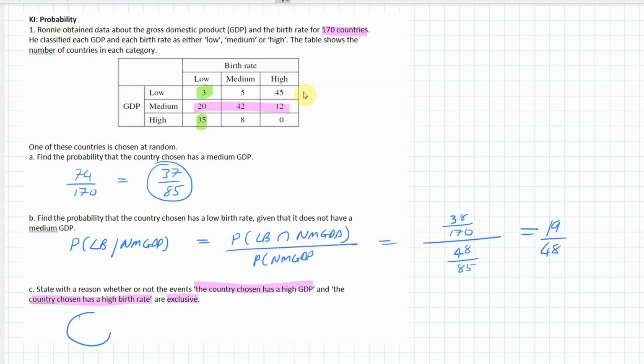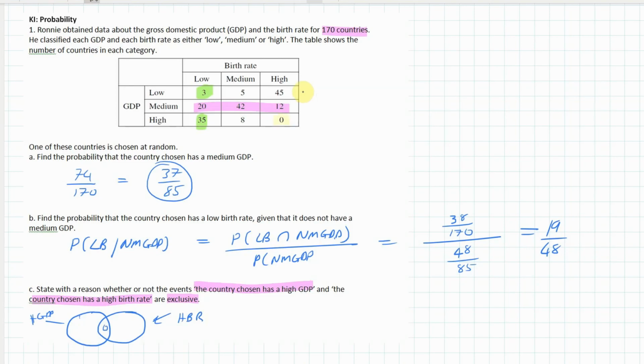So if you think of a Venn diagram, and this one here is high GDP, and this one here is high birth rate, there's nothing in here that's both high GDP and high birth rate. And if we look at our table here, we see that there is nothing that fits the category of both high birth rate and high GDP.